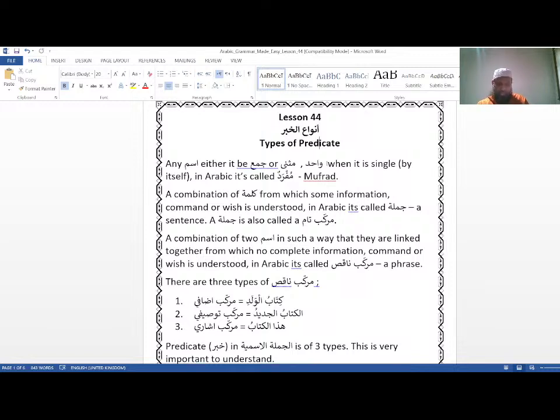خبر also can be murakkab naqis, a phrase. So as mubtada, mubtada can be a single word, mufrad word. Mubtada also can be murakkab naqis, a phrase. Same as khabar.